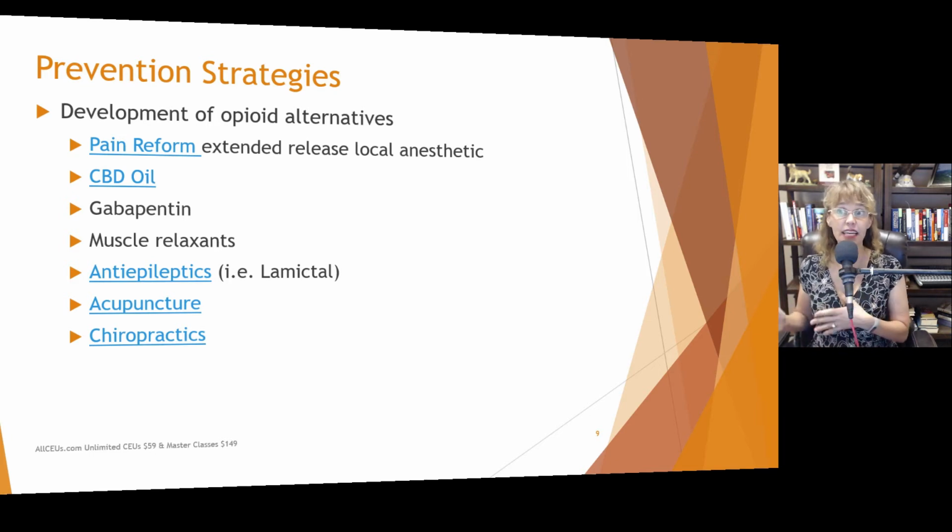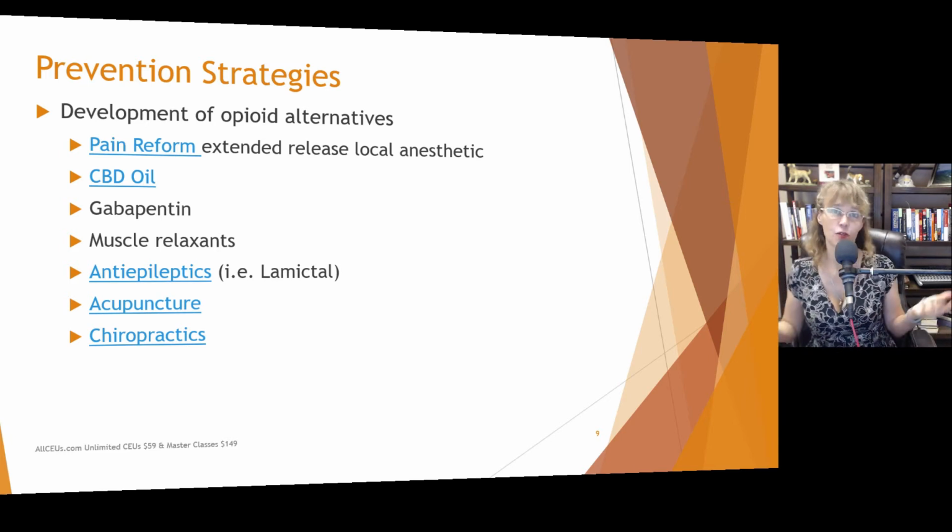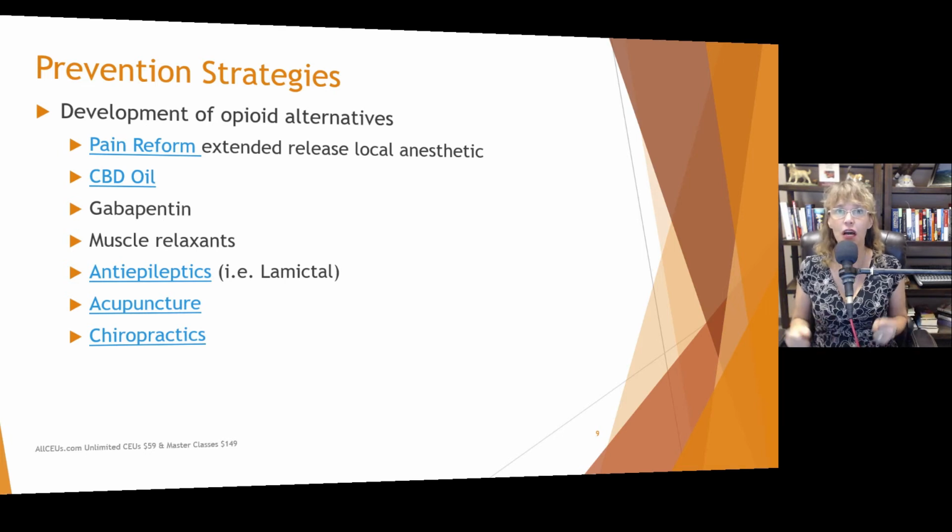And the extended release has taken it from a 3-hour window of activity where it only works for 3 hours to 72 hours. Now, think about when you got your wisdom teeth out or when you had other surgeries. A lot of times the worst pain, the pain that you may or may not have needed opioids for, was probably that first 72 hours.